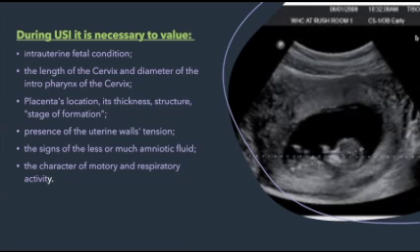We must check for the presence of uterine wall tension and signs of too little or too much amniotic fluid. So the amniotic fluid index must be checked first of all, and the character of motor and respiratory activity must be checked.